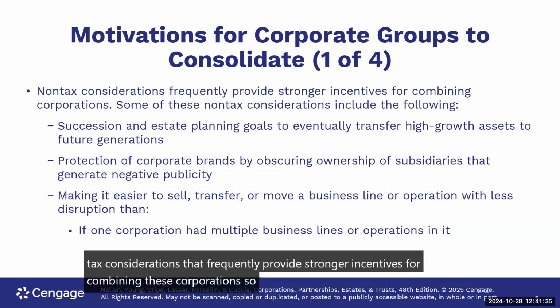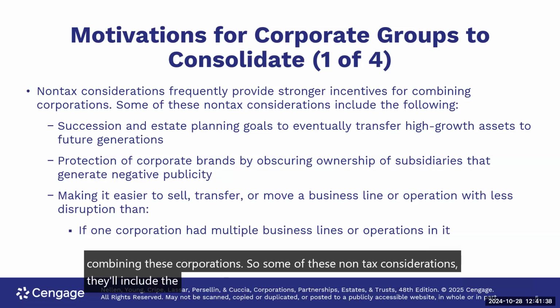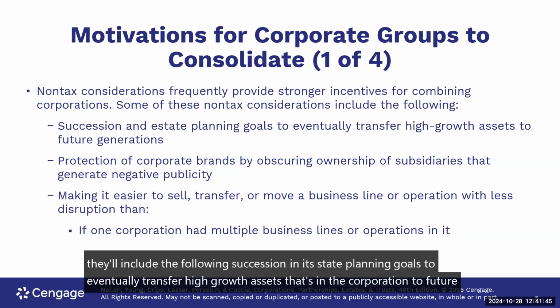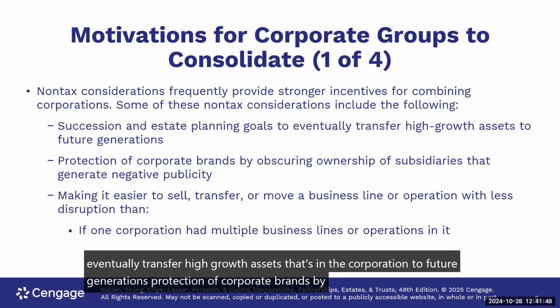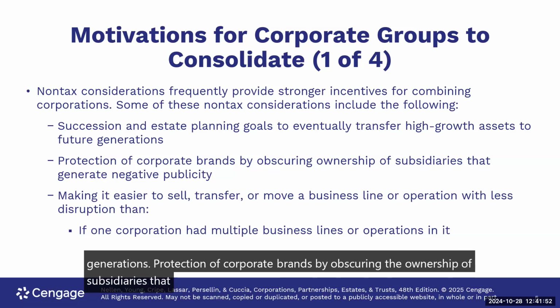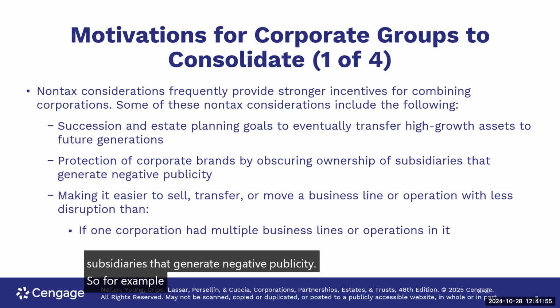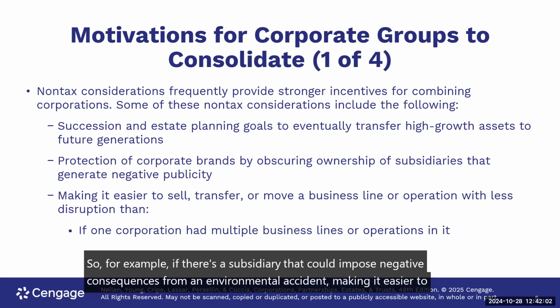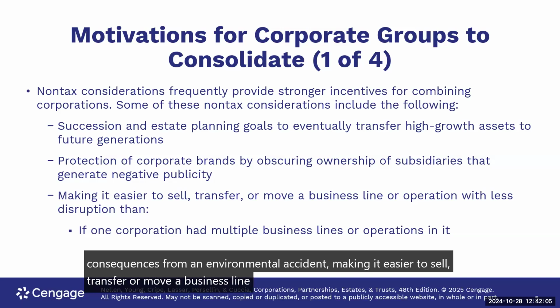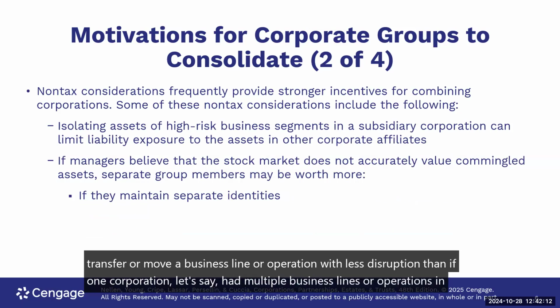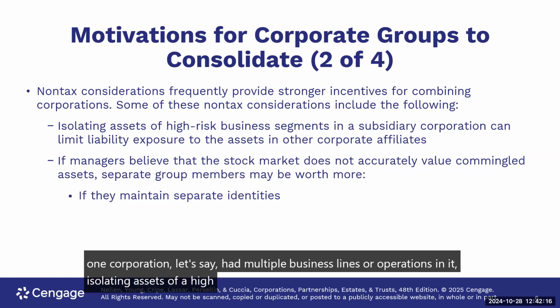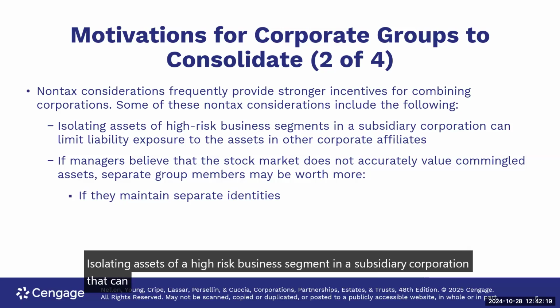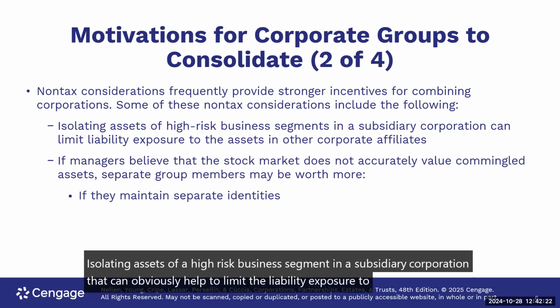Some of these non-tax considerations include the following: succession and estate planning goals to eventually transfer high growth assets in the corporation to future generations; protection of corporate brands by obscuring the ownership of subsidiaries that generate negative publicity, for example, a subsidiary that could impose negative consequences from an environmental accident; making it easier to sell, transfer, or move a business line or operation with less disruption than if one corporation had multiple business lines or operations in it; and isolating assets of a high-risk business segment in a subsidiary corporation, which can obviously help to limit the liability exposure to the assets in other corporate affiliates.